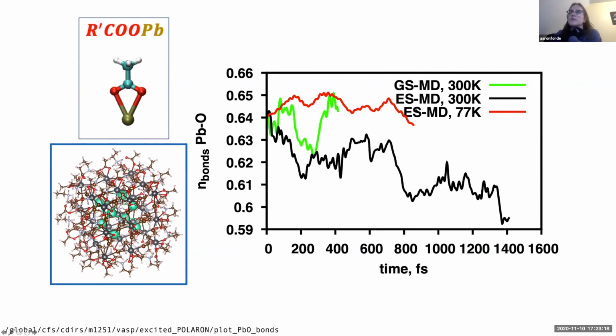And then if we keep the same electronic configuration, but just reduce the temperature to 77K, we actually see a gain of some coordinations to the surface and then it fluctuates over time.